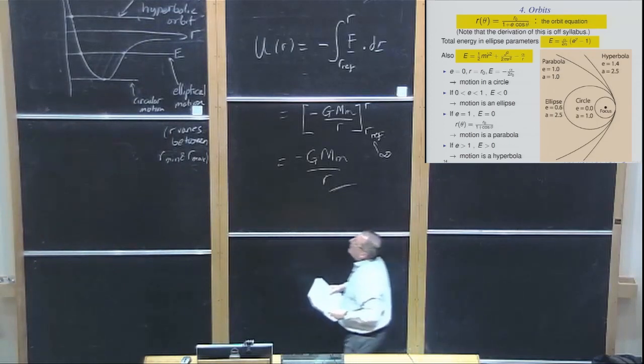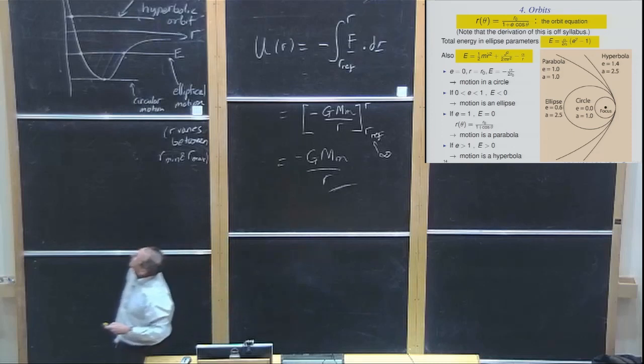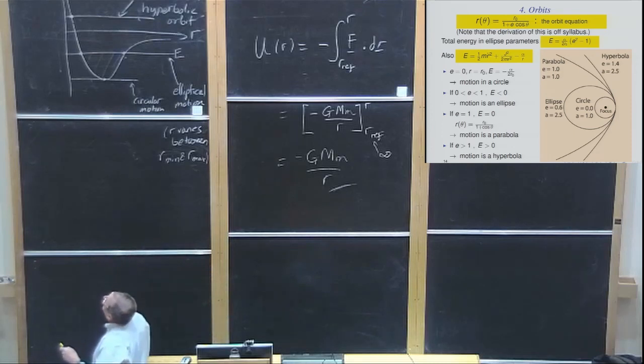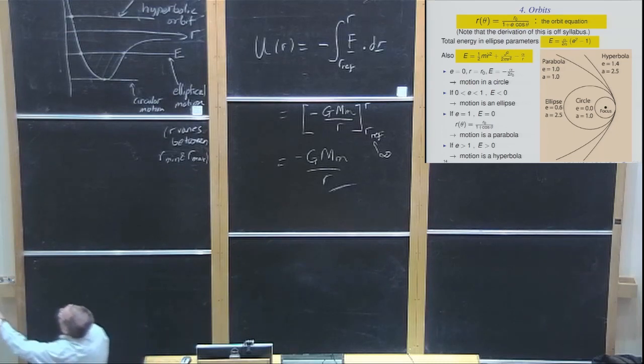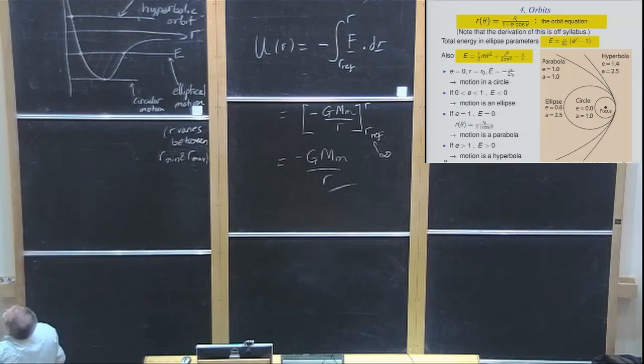Okay. All this can be expressed also in terms of this equation for an ellipse, which involves e, which is the general equation for any conic orbit. So the three special cases exist here depending on the value e takes.